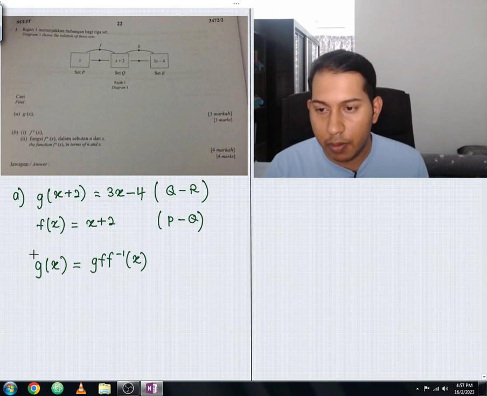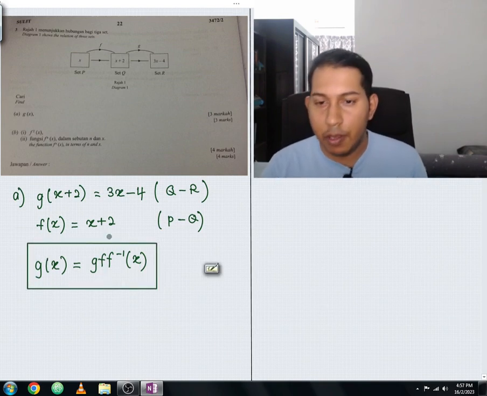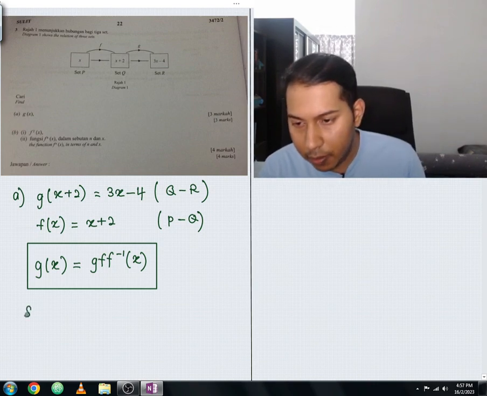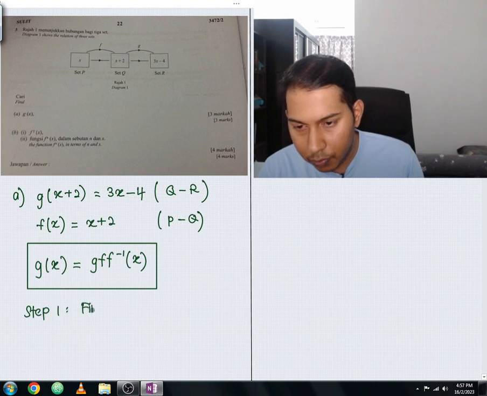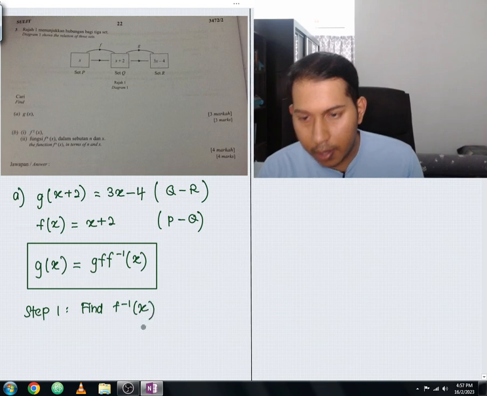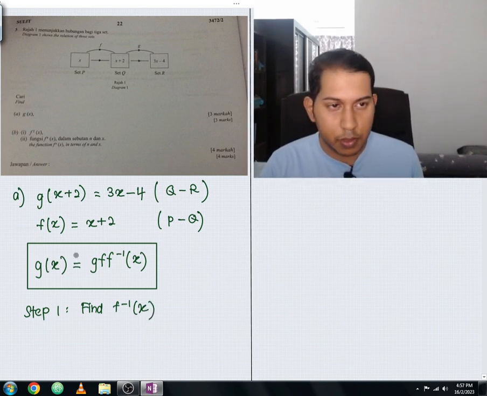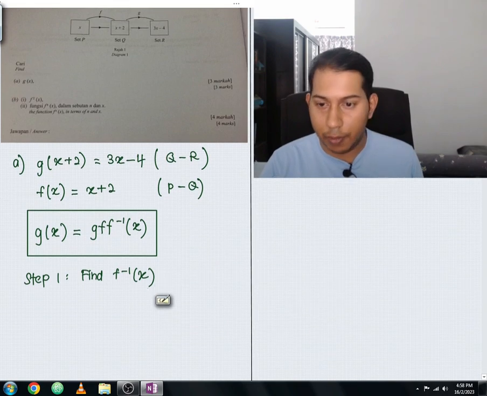This is our only way to solve it. So step one, we're going to find f inverse x. This will be our very first step. Let us proceed to solve the question.